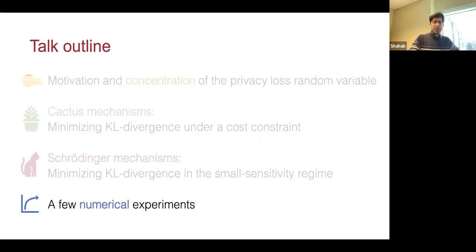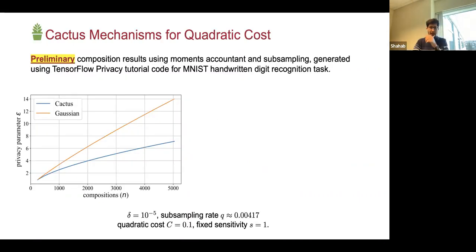Okay, so now let's look at some numerical experiments. We have the Airy mechanism and the Cactus mechanism, and we want to compare Cactus and Airy with Laplace and Gaussian. This is the comparison of Cactus and Gaussian. What we have here is the composition result using the moments accountant and subsampling.